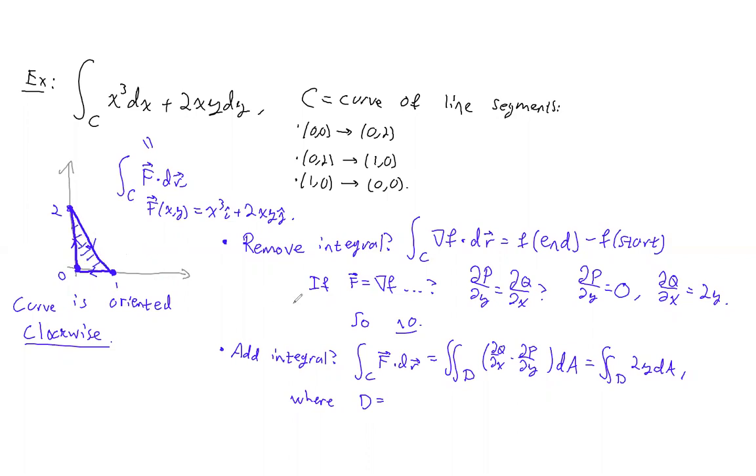D is this triangular region, which is given by all x's and y's so that x is going from 0 to 1, and y is going from 0 to 2 minus 2x.